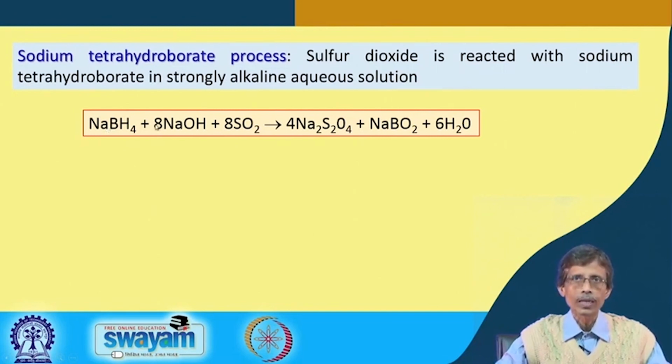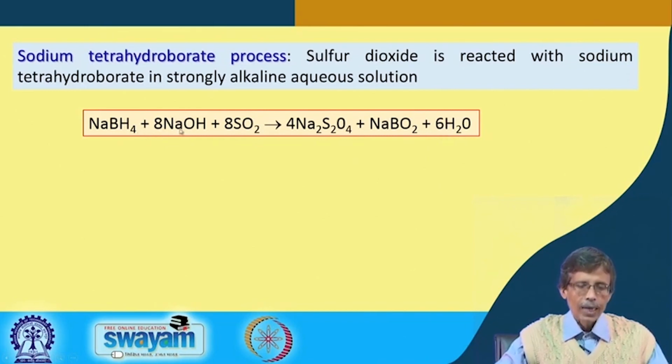Industrially also it is very useful to consider the corresponding pH or range of pH where the reaction is taking place, because sodium borohydride is a hydride species with a large amount of H minus, and these H minus can very quickly react with water molecules. Here we have not written any water molecule on the left hand side, but we are producing 6 molecules of water on the right hand side.